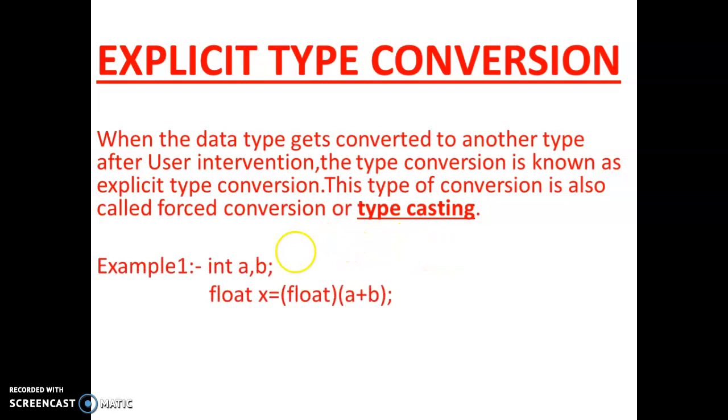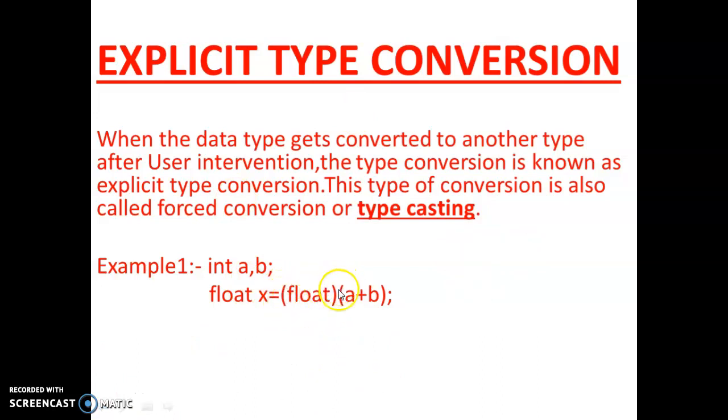Suppose, one example: integers a and b, both are integers. When we add both of these integers a and b, then automatically it comes out as an integer. But I want to change it to another data type, which is float. So how to do it?